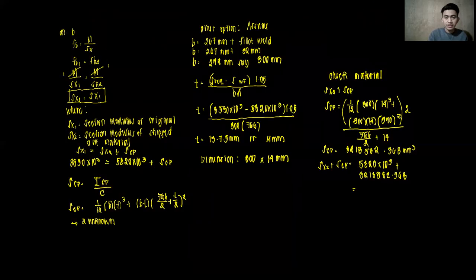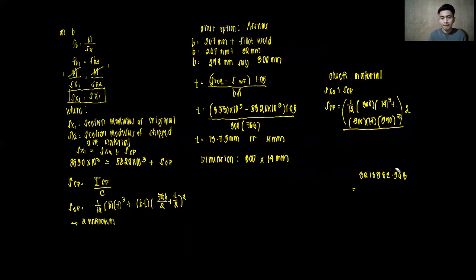Then of course, instead of doing this one na lang, instead of adding it with the section modulus, ang gawin na lang natin is determine na lang natin here. Let me erase this one. Kasi, ayan. Here.